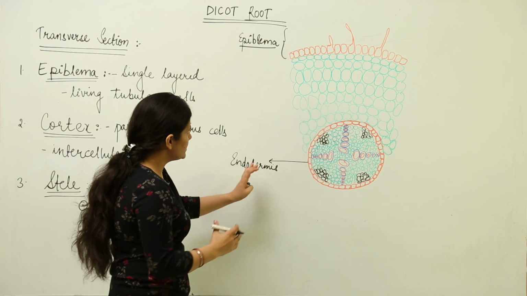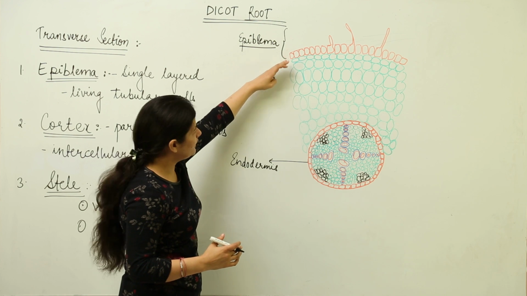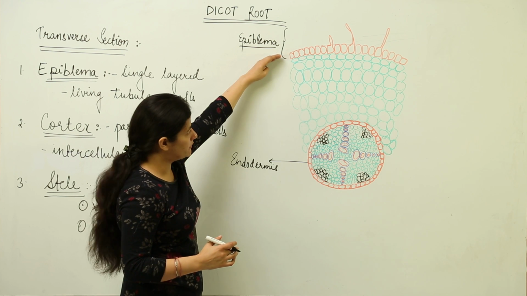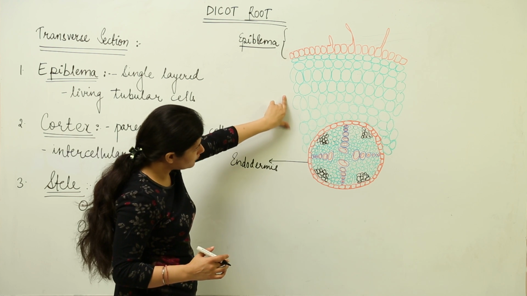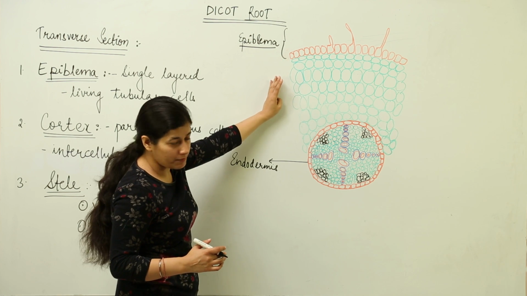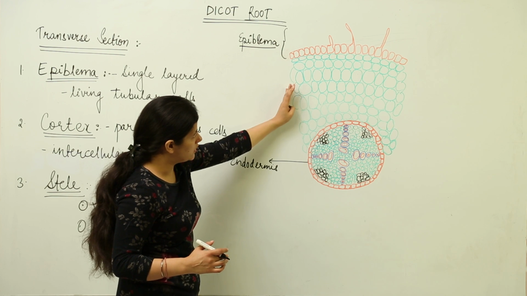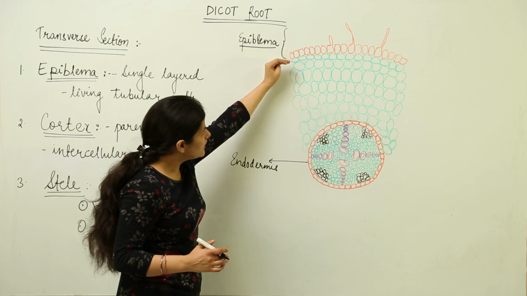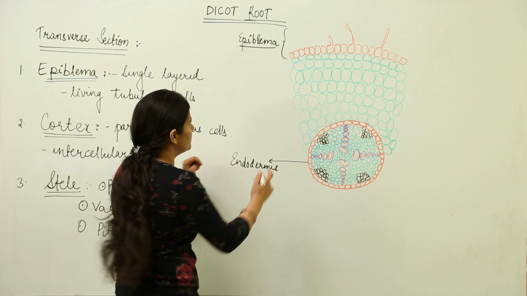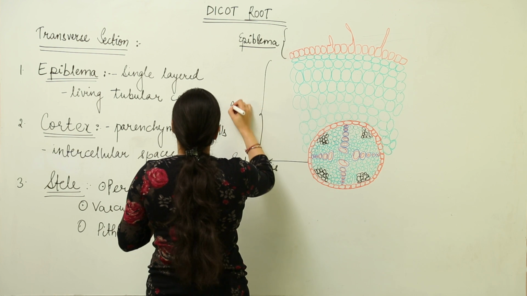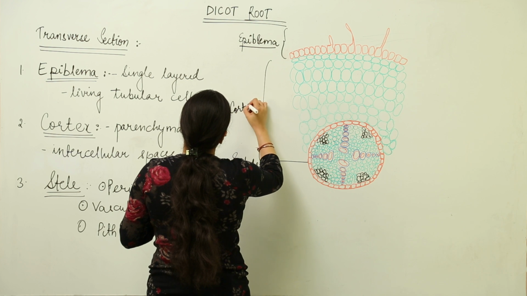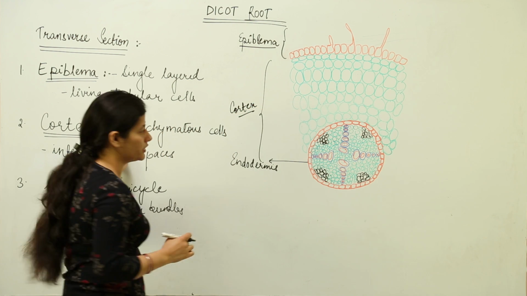Now do keep in mind that beneath epiblemma, that is the epidermal layer, there starts a layer of cells, many layers, which are having parenchymatous cells. These layers till endodermis comprise the region known as cortex, as is told over here.